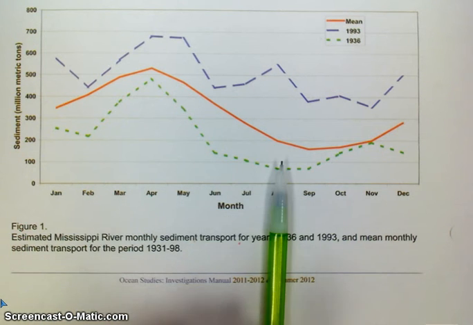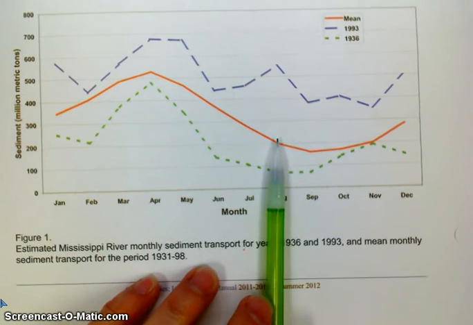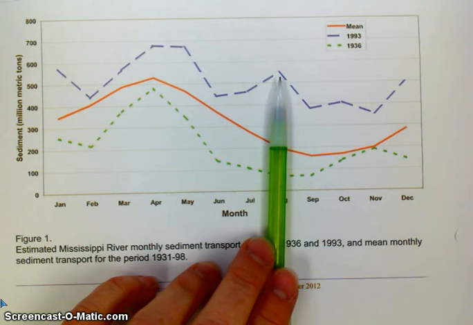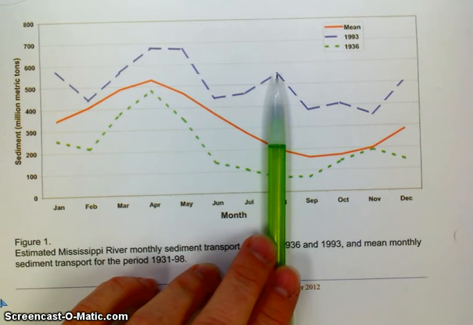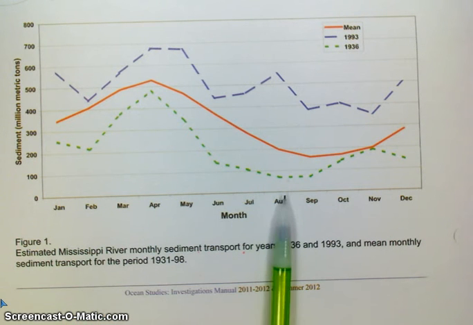Okay. All right, up at the top, the 1993 peak looks like maybe 550, 560, something like that. And down here, the 1936 August value looks like maybe 70 or so. So what are we going to do with those numbers? Well, let me show you.